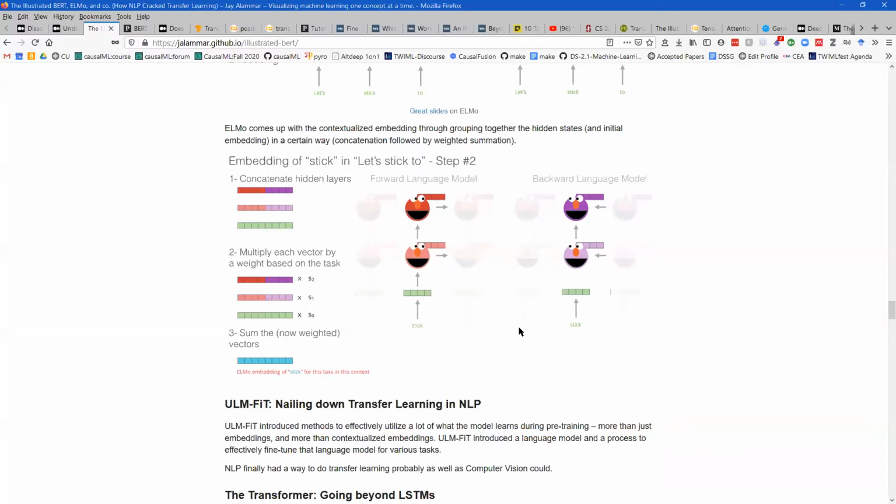And maybe for some other task, S1, the hidden state at the first level, is more important than the hidden state at 2. So I think for tasks specifically, they have found out that certain values work best. I think you would just choose those values and apply them whenever you do it.